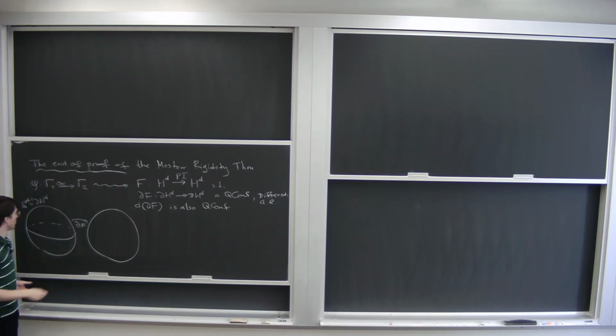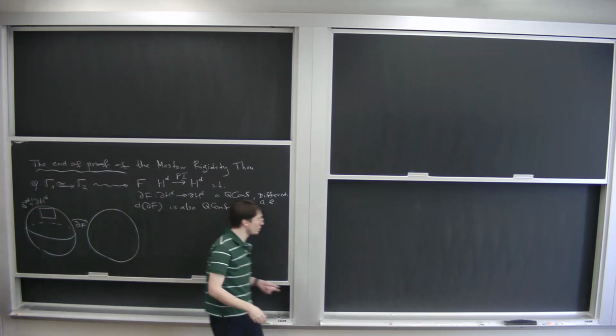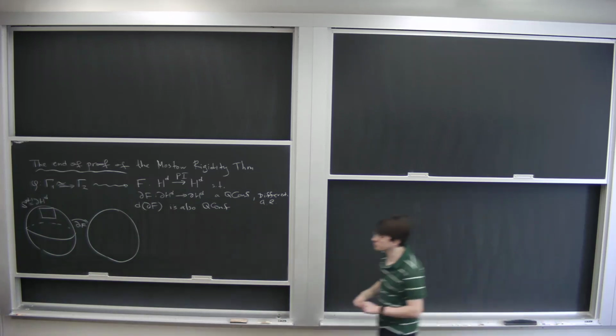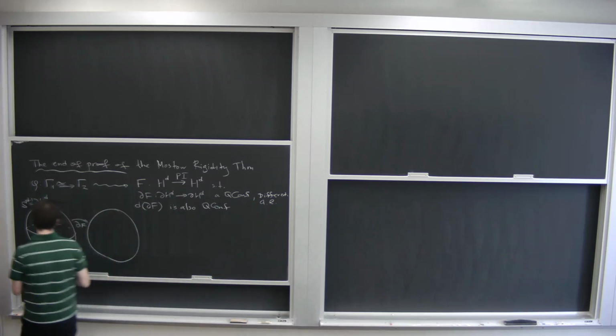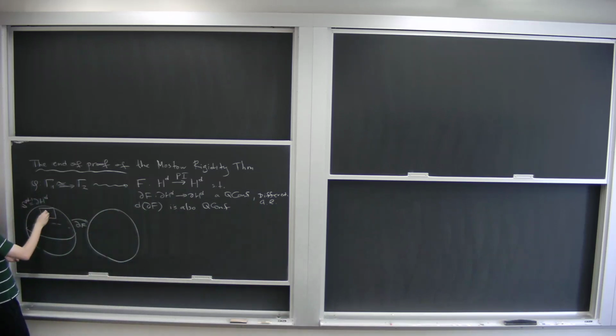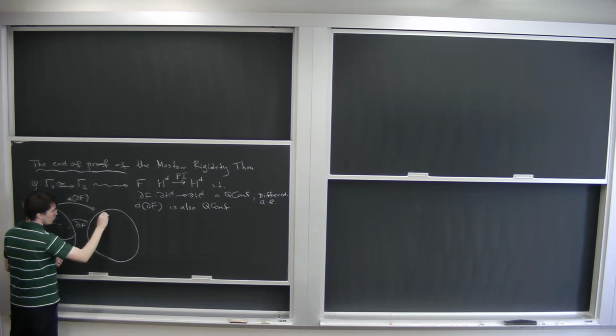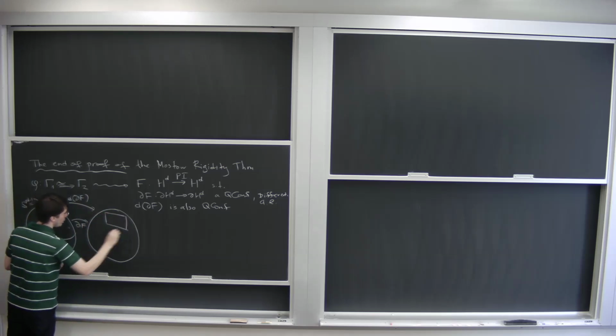Then the differential sends tangent planes to tangent planes. The idea was that I take a circle here, and my differential of the boundary map sends tangent space to the tangent space. So I will get something here.